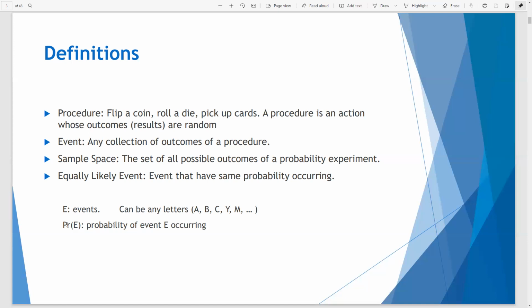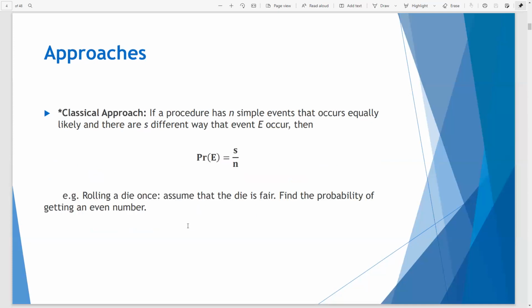So that's how you write it. In your book, you may see P of E, but that will be a little bit confusing with the previous chapter's work, or later chapter's work. So we use Pr. That's more commonly accepted in the world also. So just Pr of E stands for probability of event E.